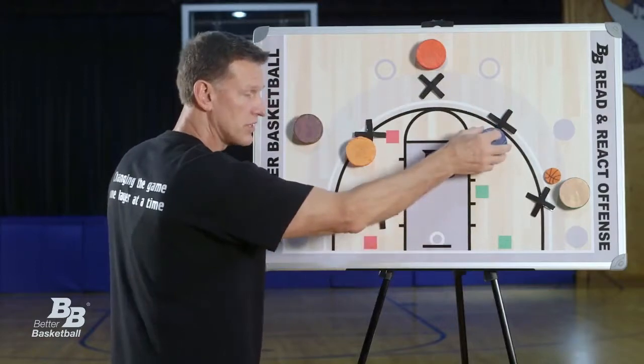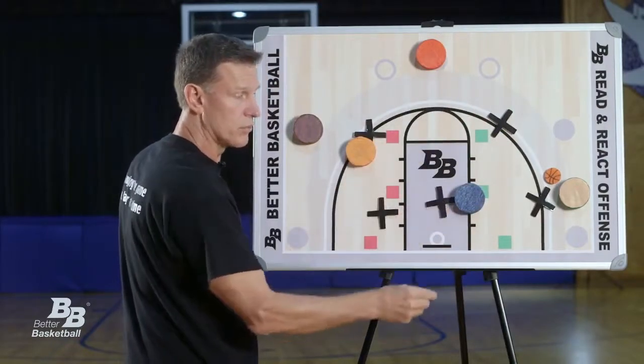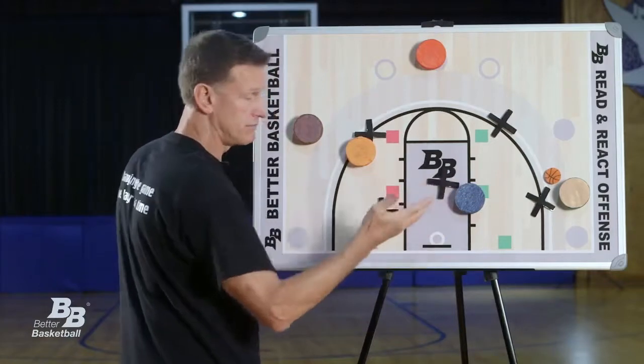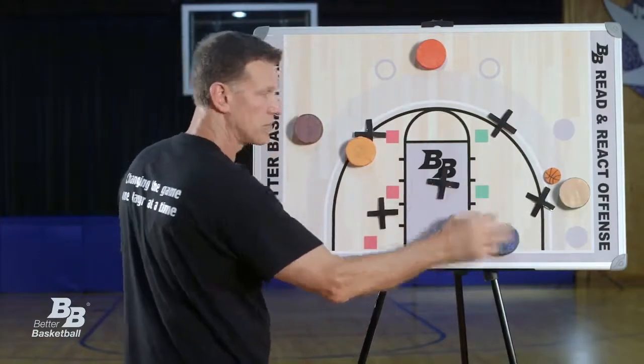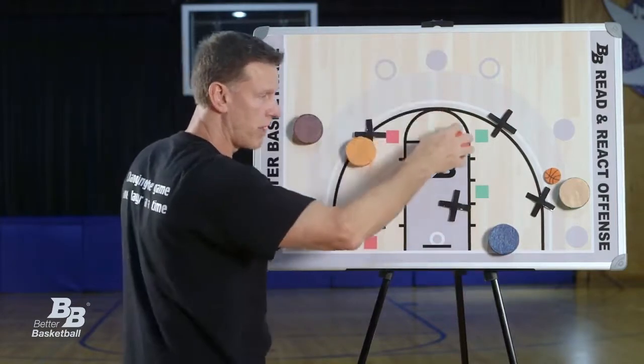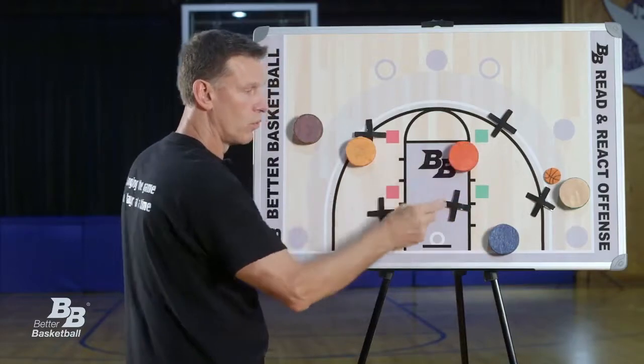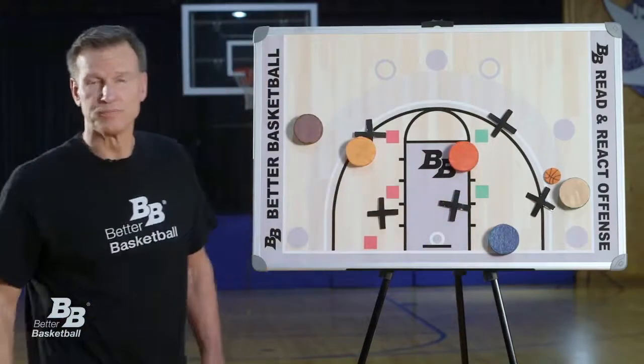Your screener stands a good chance of beating this point to the rim. Now, if they don't, they're going to go on to the flank, right? And our passer's going to follow to the nail, and we have our 2-on-1 against the point of the zone.